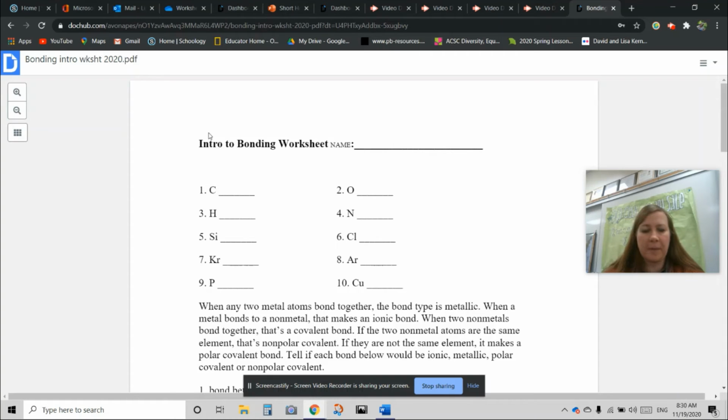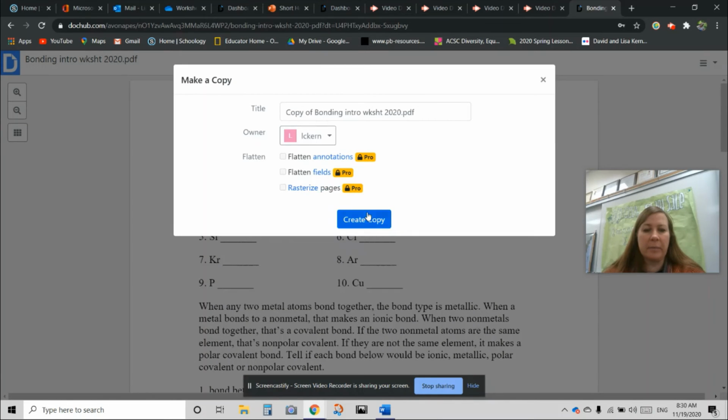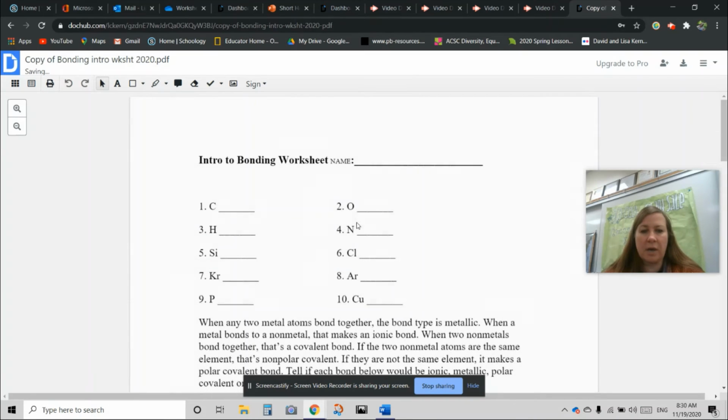Okay, the next thing you're going to do is make a copy of the sheet. So you're logged in, you're going to make a copy. So I'll create the copy there.